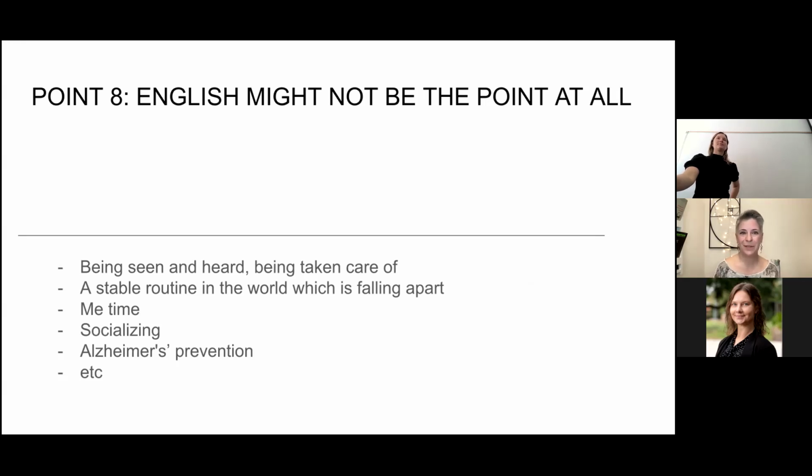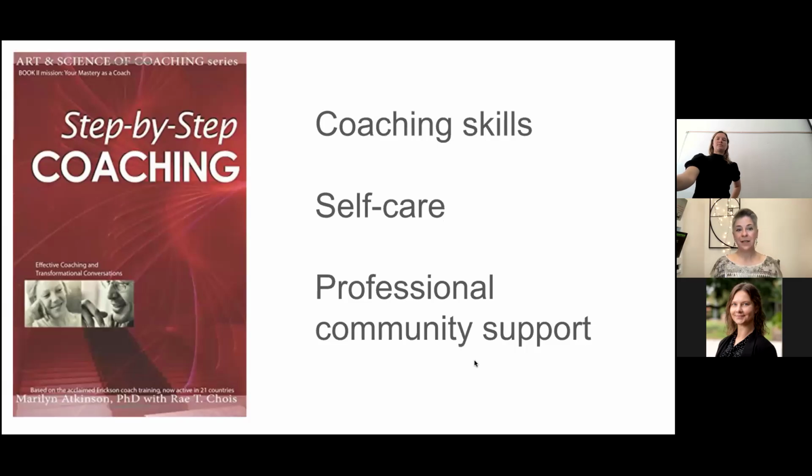So don't be disappointed if you find out that they were not actually actively intending to learn any English. They just wanted some of these. Might also happen. So what do we need as teachers, given all that? First of all, self-care, the energy, professional community.